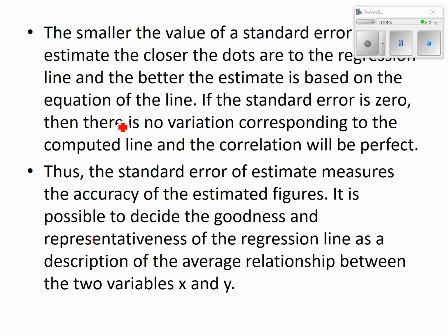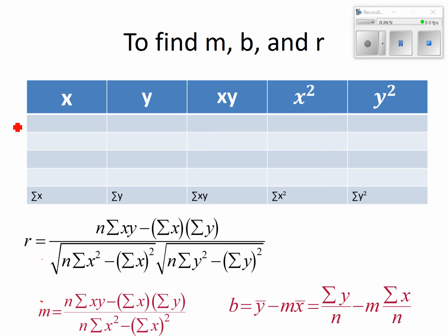Another one, the smaller the value of the standard error of estimate, the closer the dots are to the regression line. So when we're looking at our data, whatever it is, maybe our data looks something like that, and we have our regression line going up through here.